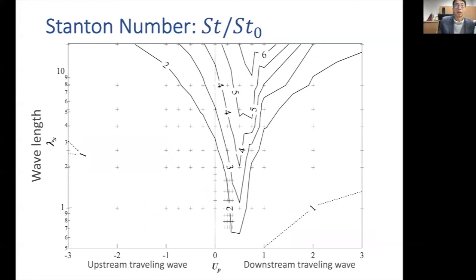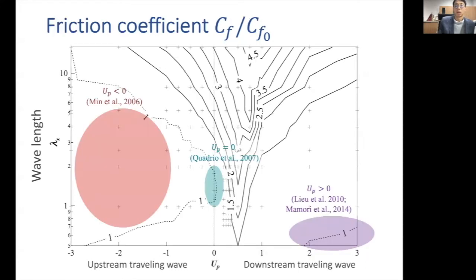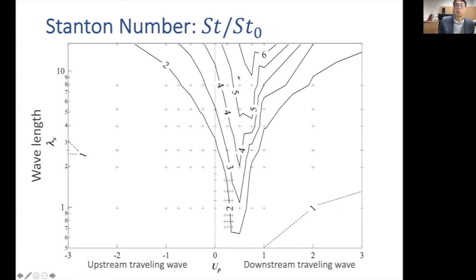If we look at the Stanton number, we can also see a peak around the same region. But if you compare carefully, actually the heat transfer enhancement is larger than the CF in this region. And another thing is that if you look at the upstream traveling wave, we don't have a reduction of the heat transfer like the pressure drop.